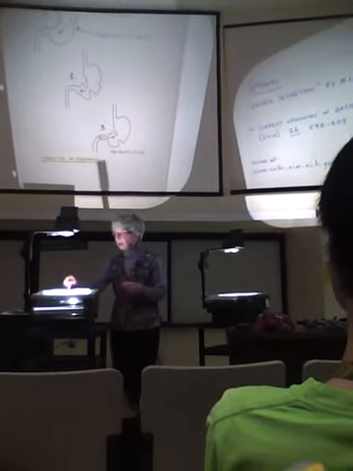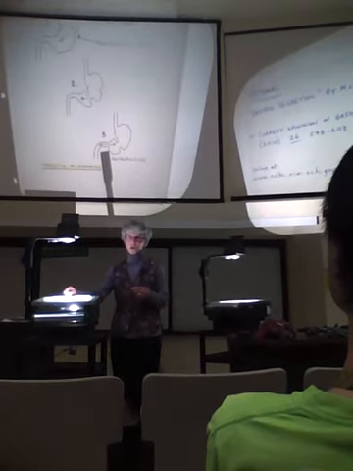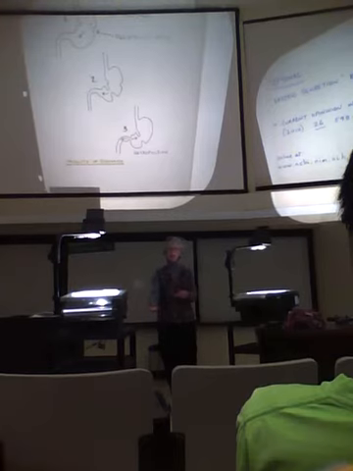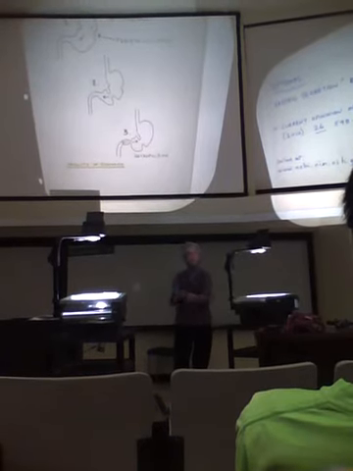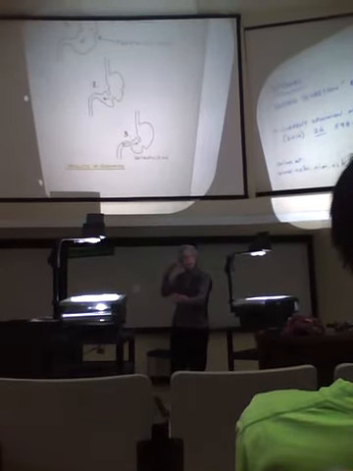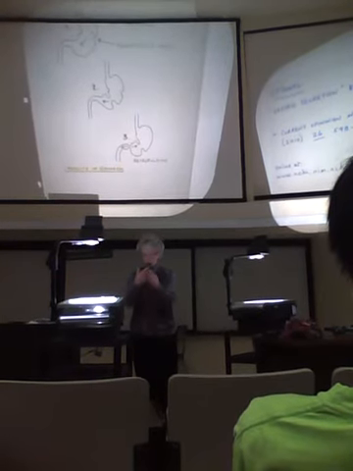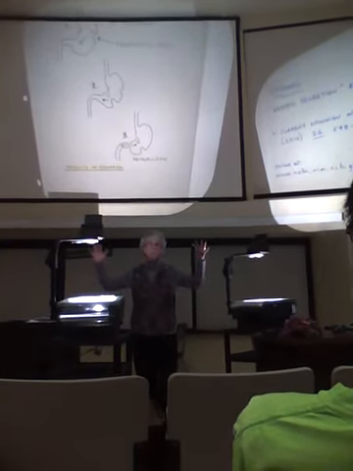What you get is what's called retropulsion. If the food is moving down towards the exit, and the exit is closed off, and another peristaltic wave is coming behind it, it can't go forwards, so it sort of moves backwards.